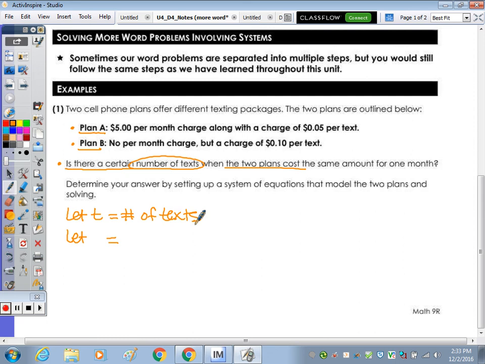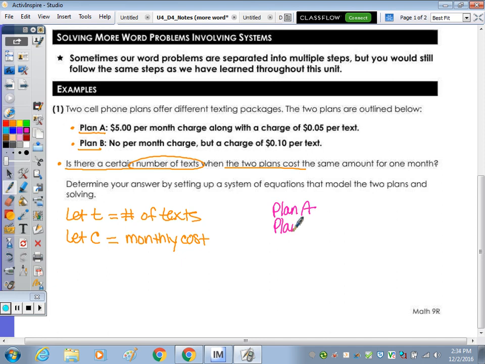Lauren? Yeah. So let's say C equals the monthly cost. Okay, so for Plan A, what would be the equation?